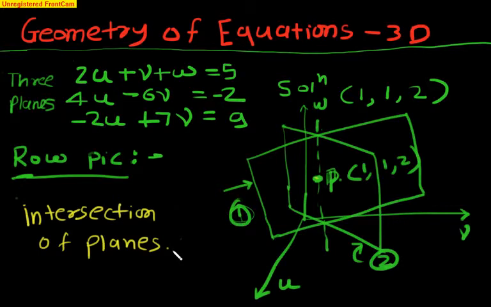I think this is clear. Just draw planes on a three-dimensional graph like this and find out the intersection. That much simple is this. After that, we'll discuss this somewhat more with an example.